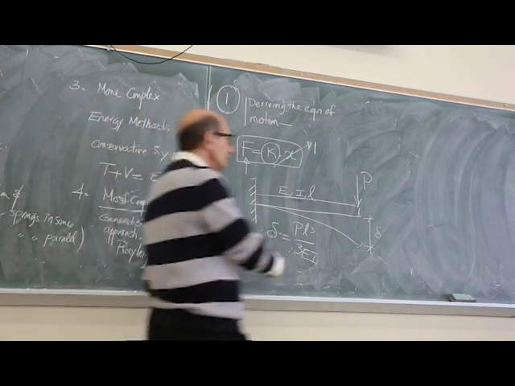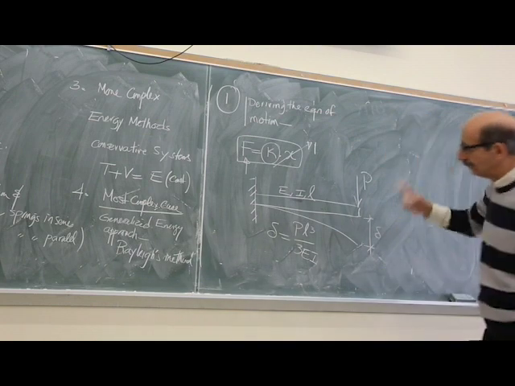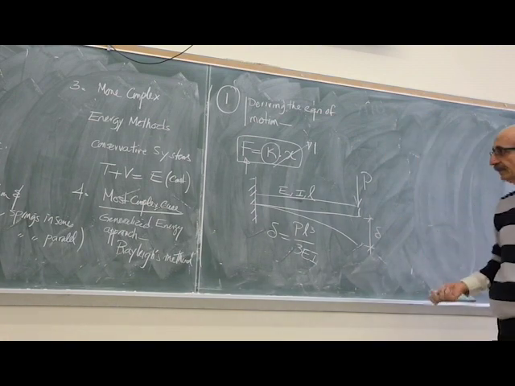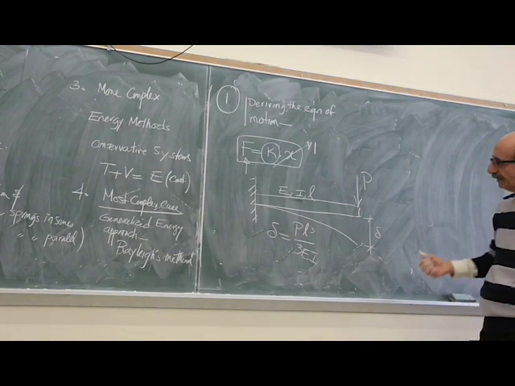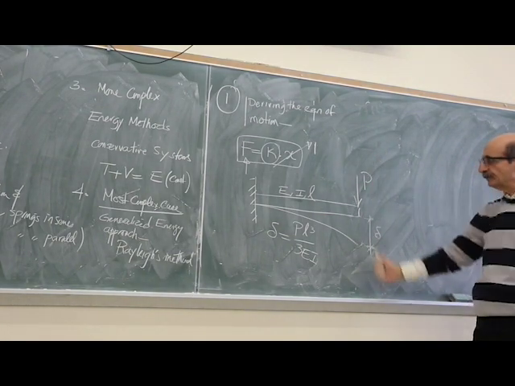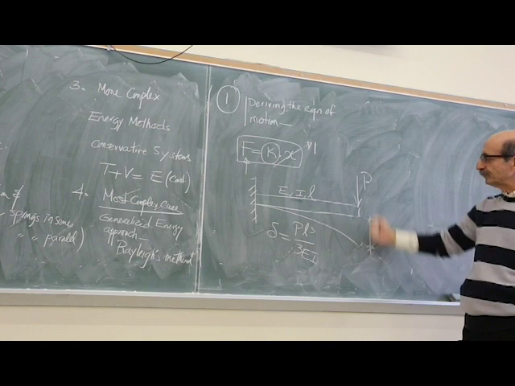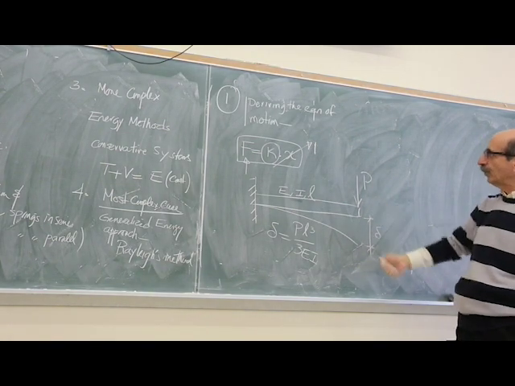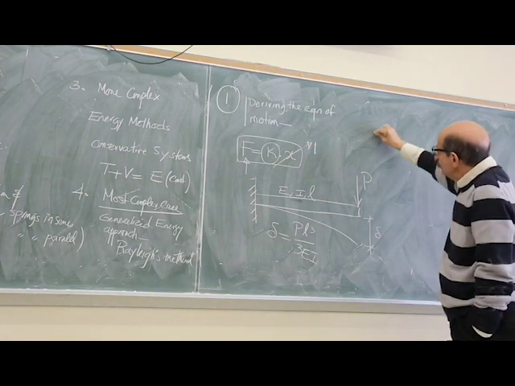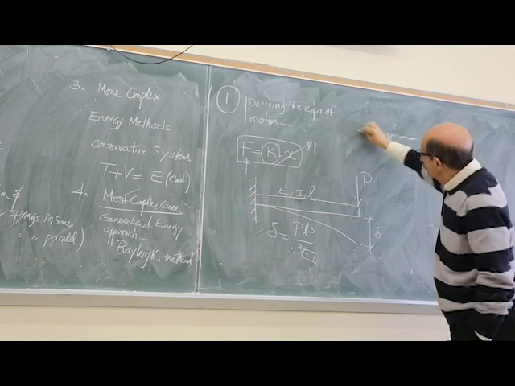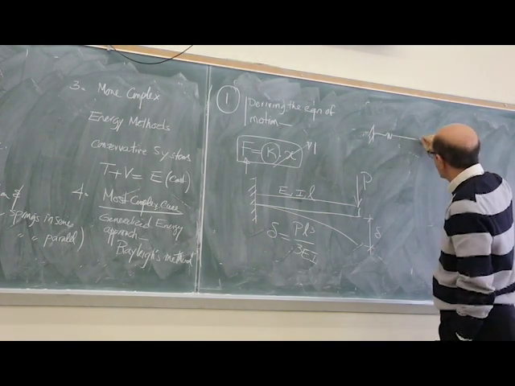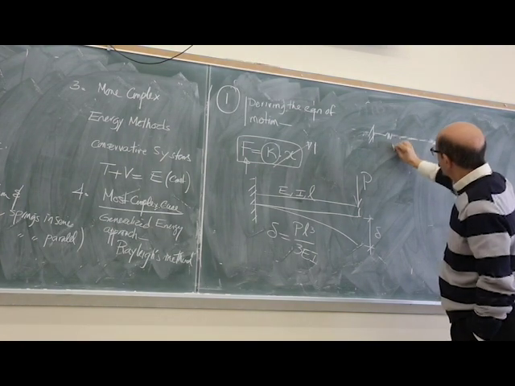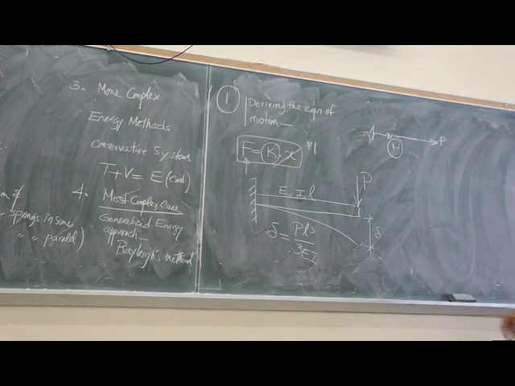So if I ask you, what is the equivalent stiffness? Or in other words, can you replace this beam with a single spring? You can, because what this beam does is act like a spring, resisting the displacement in the direction of the applied load. So this is what you have. So how do I find this?